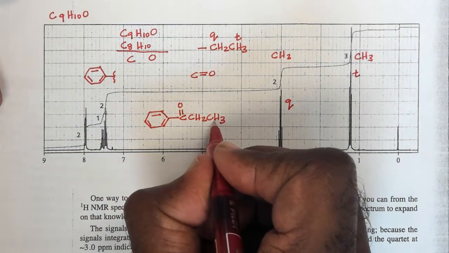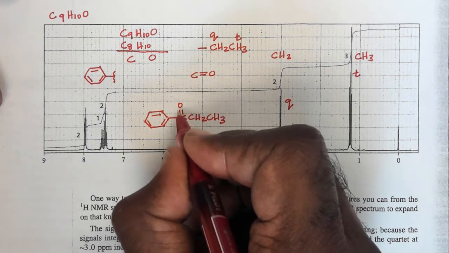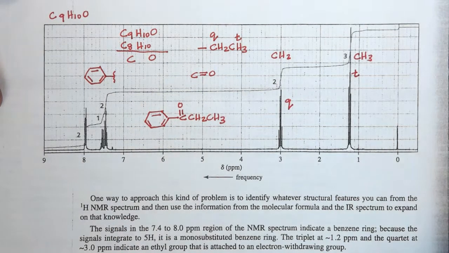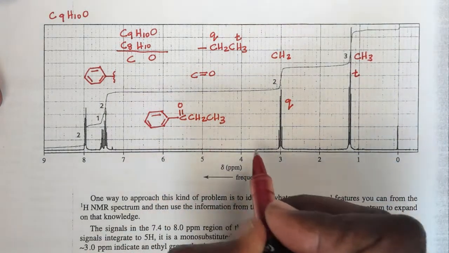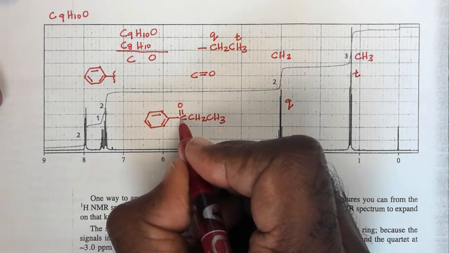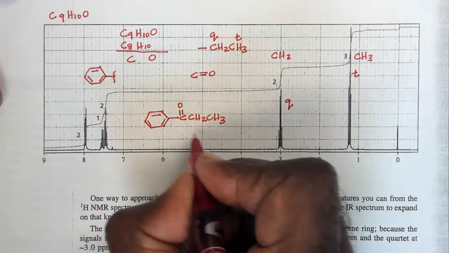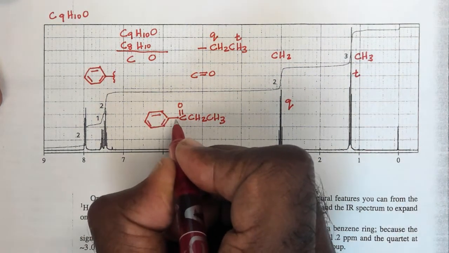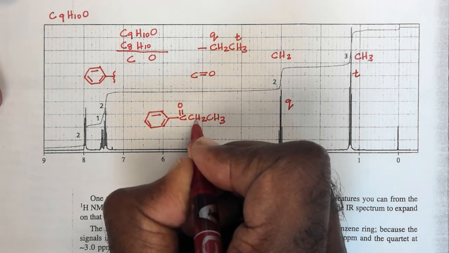The CH2 is a quartet because it's next to a CH3 group. It's de-shielded by the carbonyl group, so I'm expecting something around 3. Normally a CH2 next to a carbonyl group, with an aliphatic group on that side, will be around 2.2, and this aromatic ring just adds to the de-shielding effect on the protons of the CH2 group.